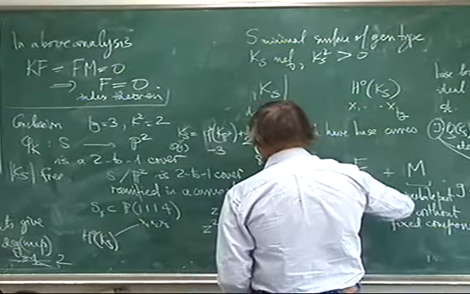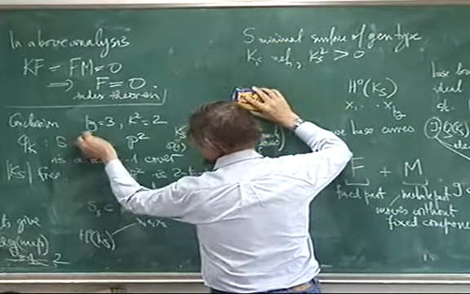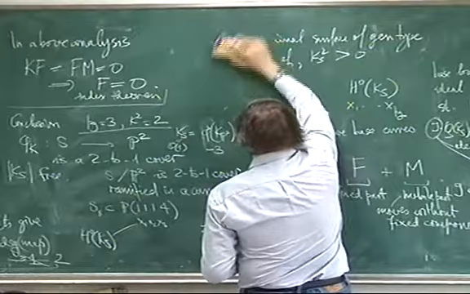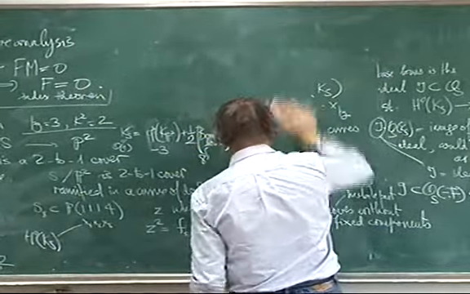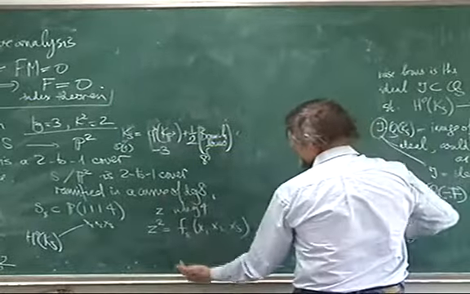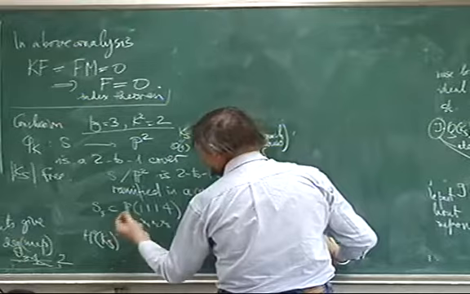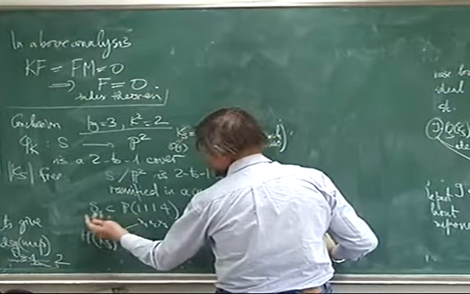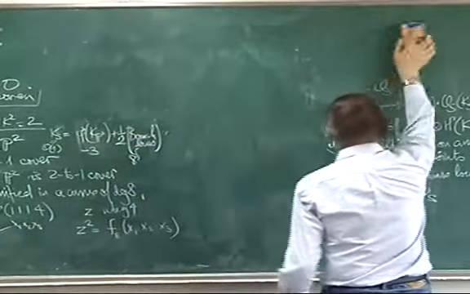I start off with an abstract specification of the surface. I want surfaces of general type satisfying that condition, and I get a model here which is uniquely specified. There's no ambiguity in this, and it's just a hypersurface.